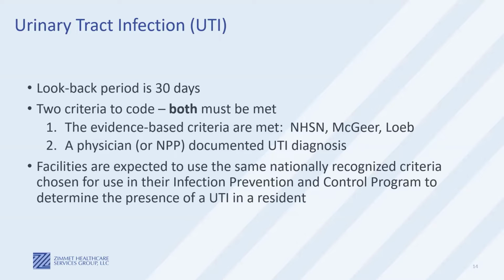And I'm not going to do an infection prevention webinar here today, but keeping in mind, whatever your facility's policy, whatever evidence-based criteria you're using in your infection control program, that's the same one that you should use when you're deciding if something is in fact a UTI or not.